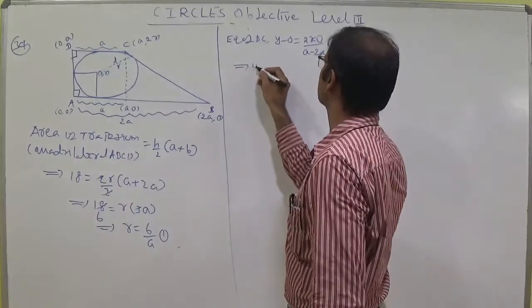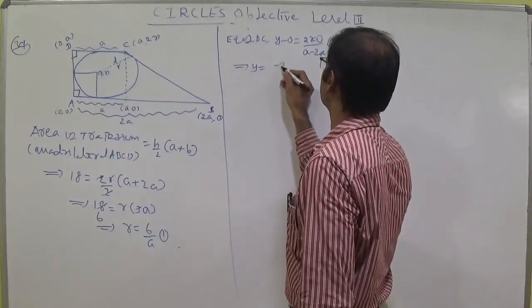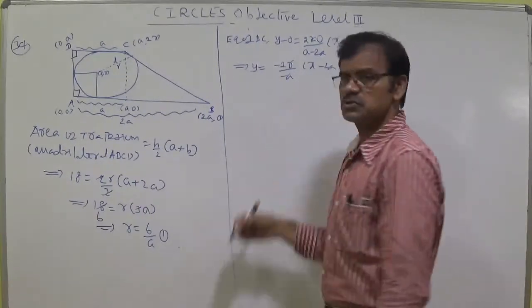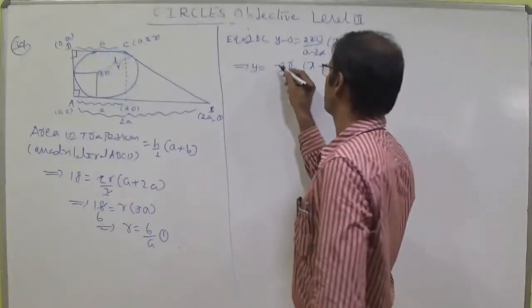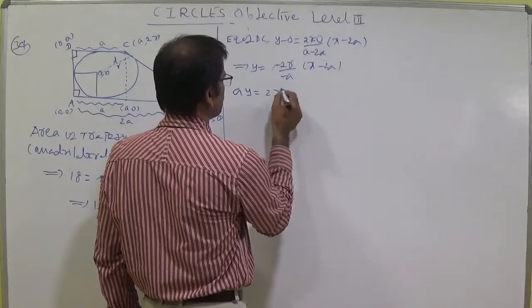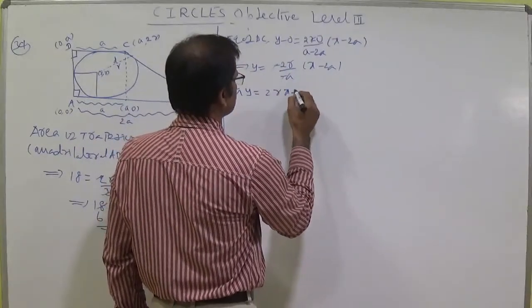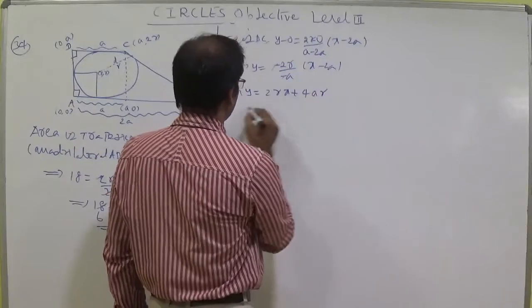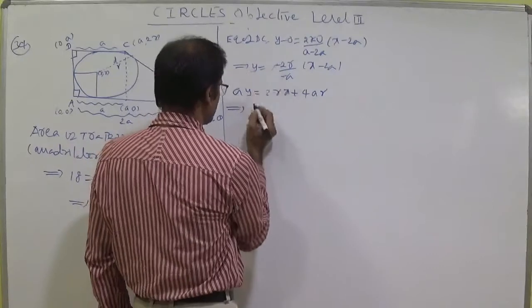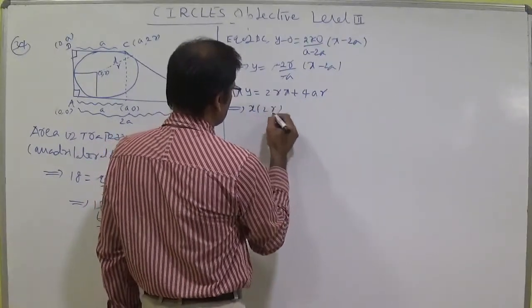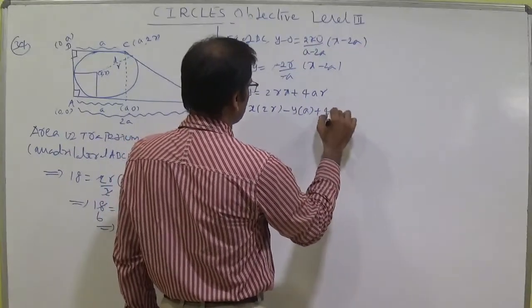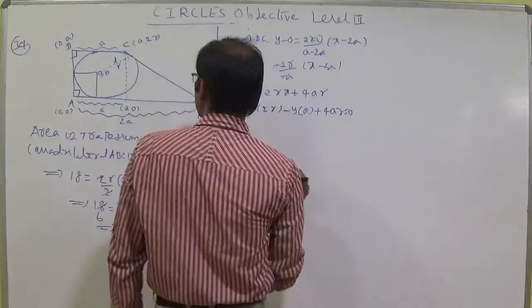That implies y is equal to minus 2r by minus a into (x minus 2a). Minus and minus get cancelled. We can say ay is equal to 2rx plus 4ar. That implies x into 2r minus y into a plus 4ar is equal to 0.